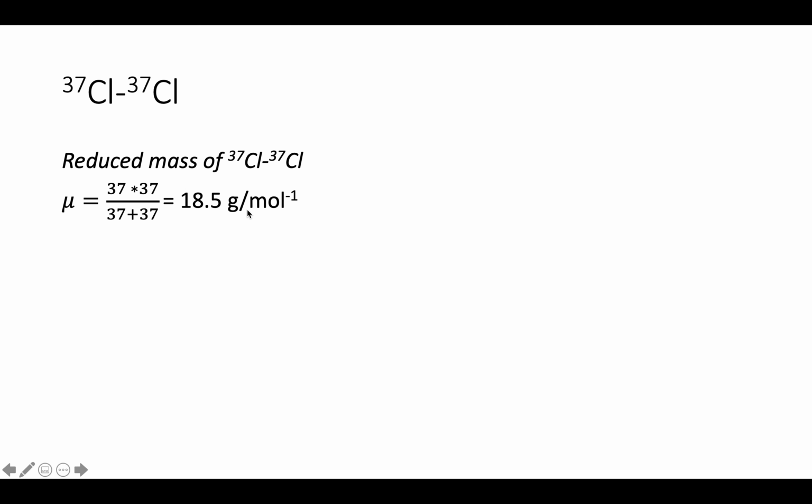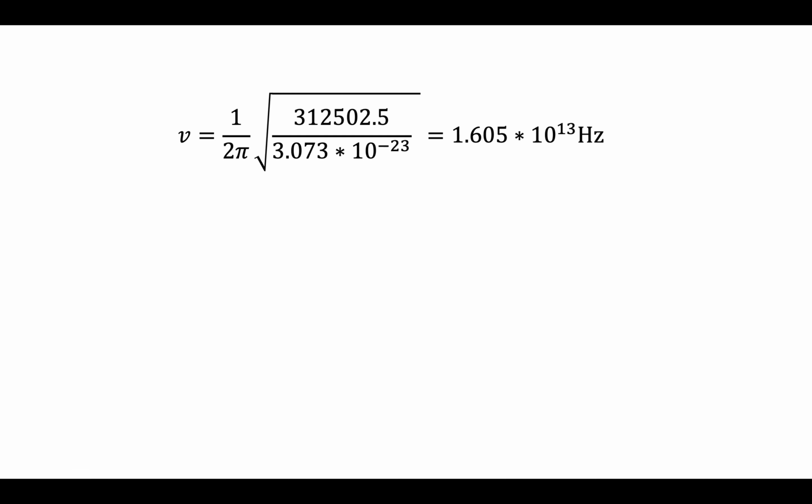Okay, next we calculate the reduced mass of 37Cl bonded to 37Cl, which again, M1 is 37, so is M2, so it's 18.5 grams per mole to the minus 1, dividing that by Avogadro's constant to give us that in grams per bond to the minus 1. Plugging these numbers into the bond force constant equation.